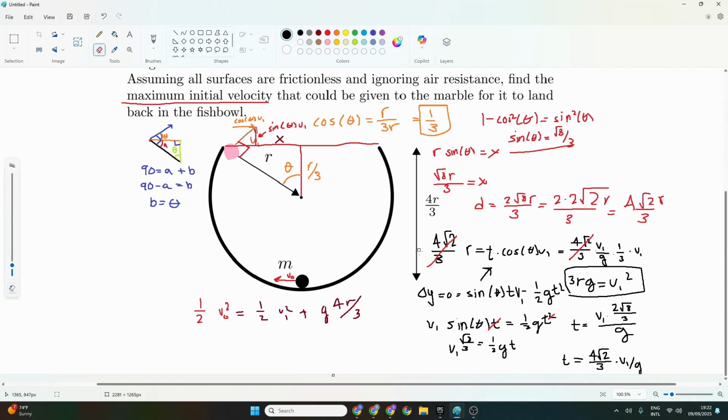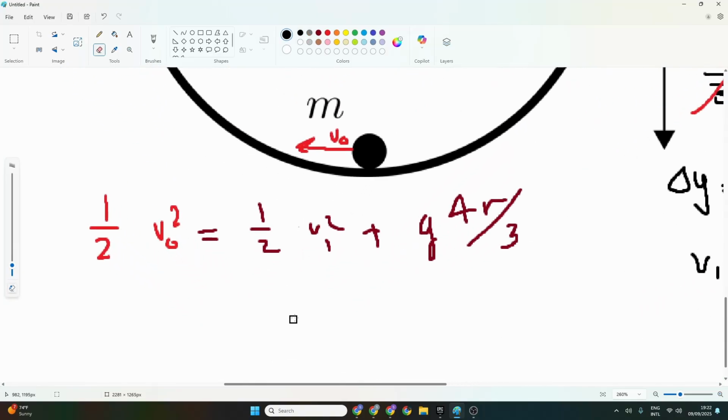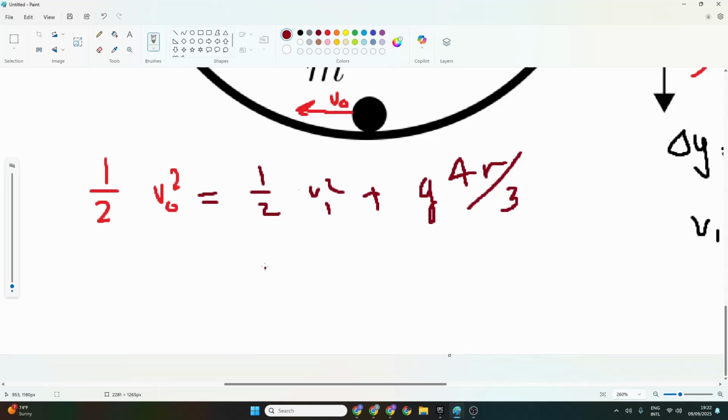And what we also know is that v1 squared is equal to 3rg. So this becomes 1/2 3rg plus 4 over 3 rg is equal to 1/2 v naught squared.